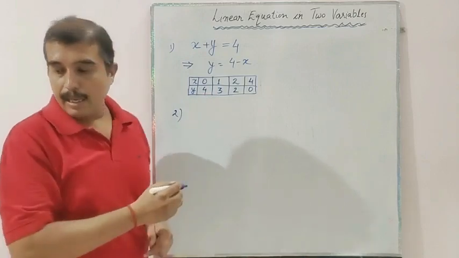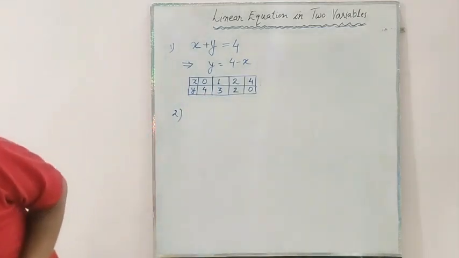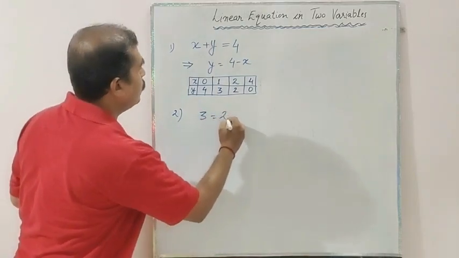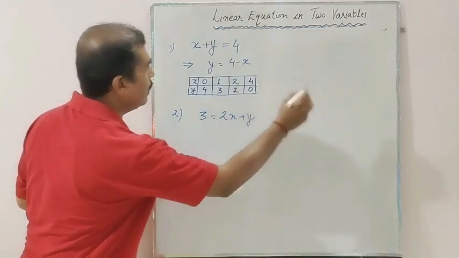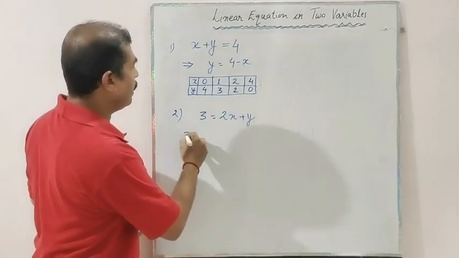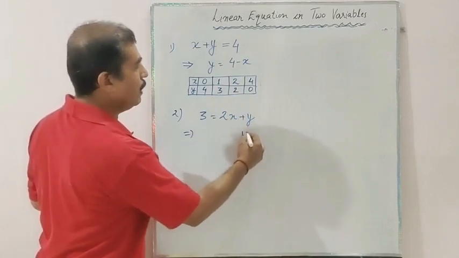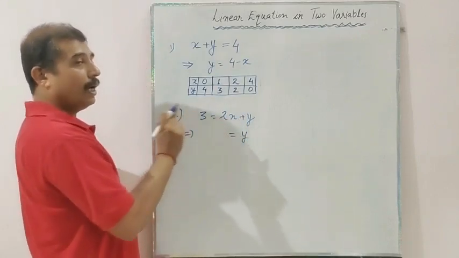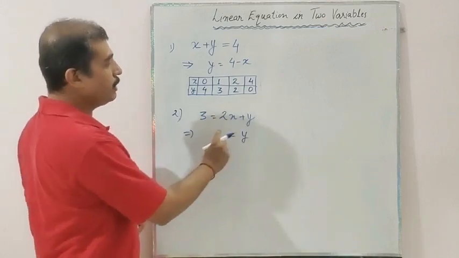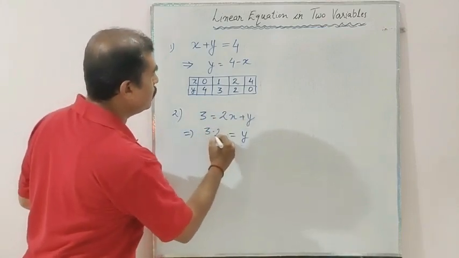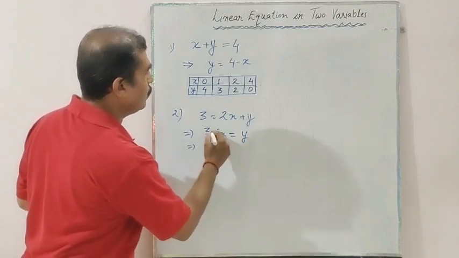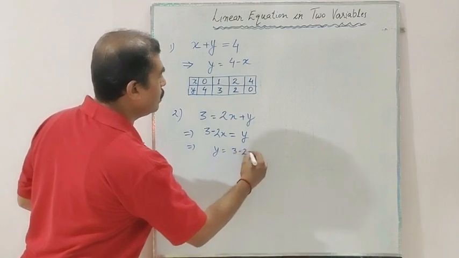Let us see. I take another equation, 3 is equal to 2x plus y. This implies that, writing the equation in terms of y is equal to something, y is equal to 3 minus 2x.